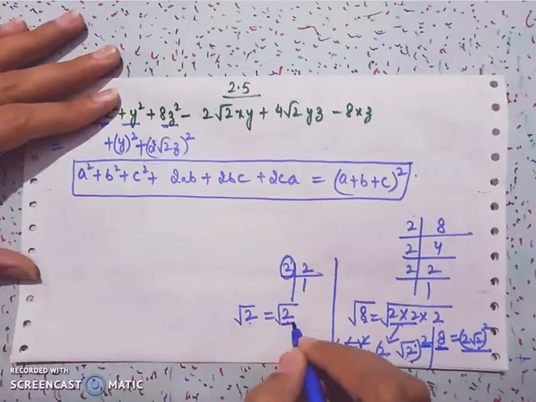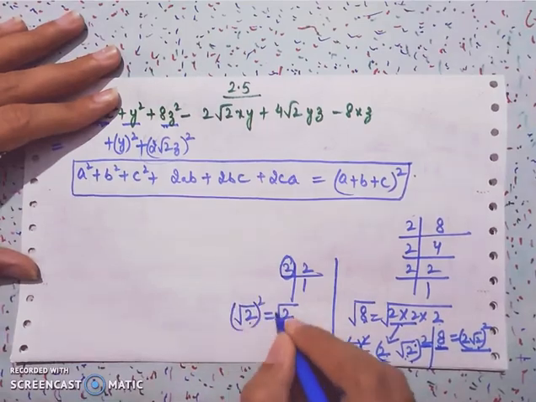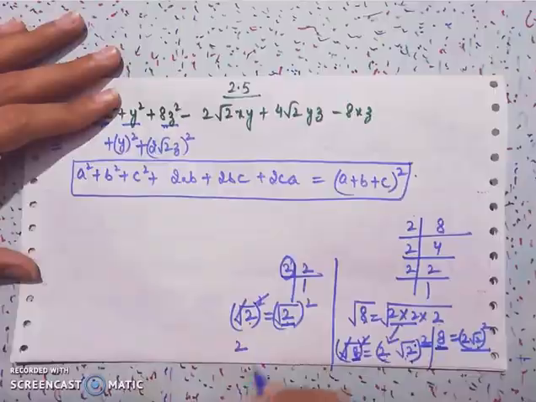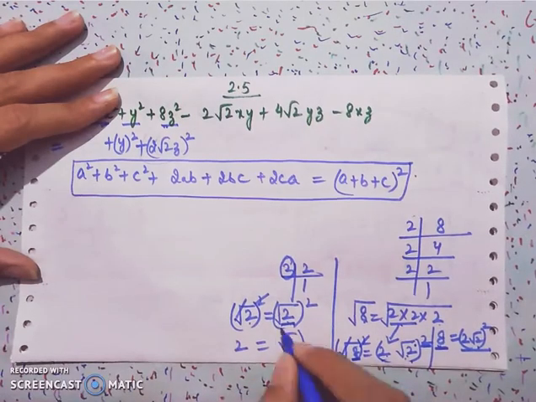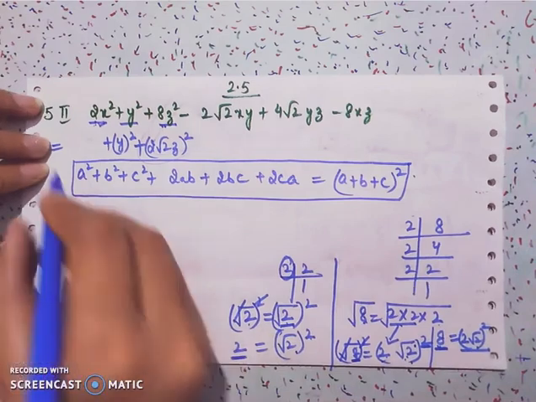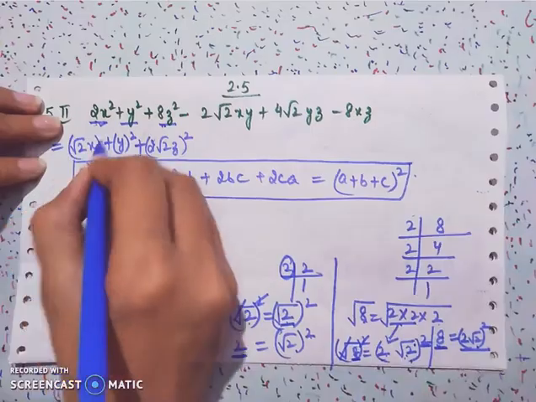Only 2. No pair can be made, which means root 2 is left. Now take the square on both sides. Here this and this cancelled. 2 only. This is equal to the square of root 2. So 2 can be written as the square of root 2. Similarly here also I am writing root 2 x whole square.